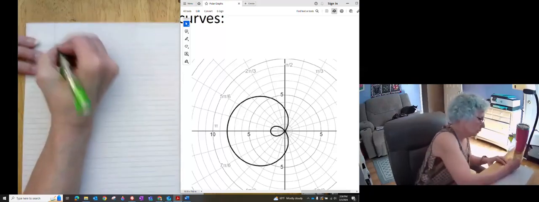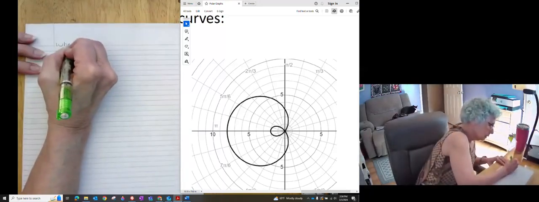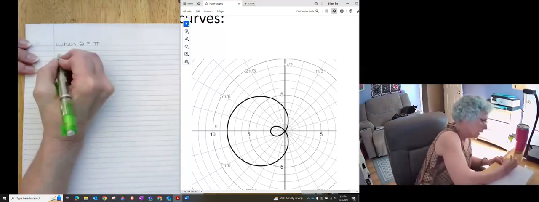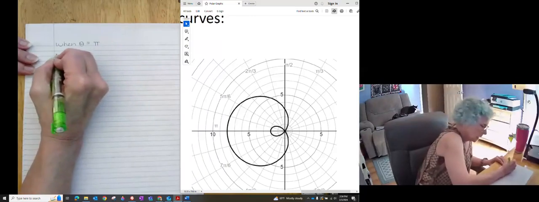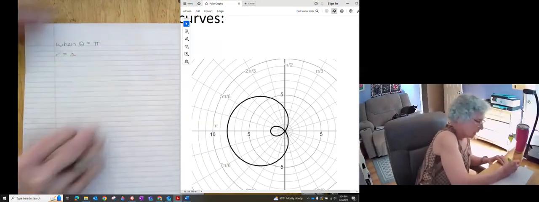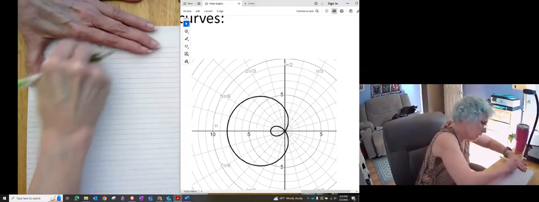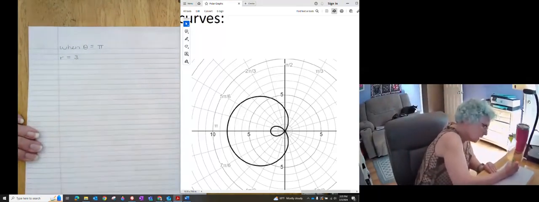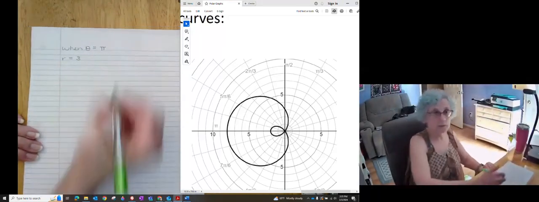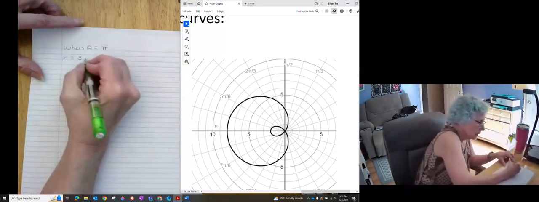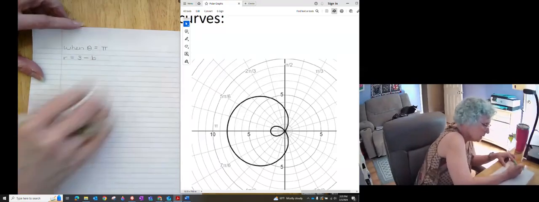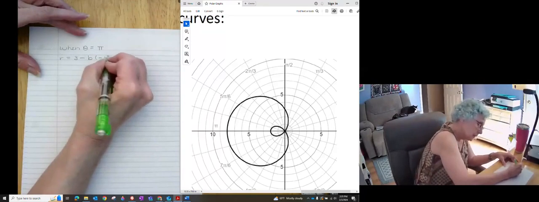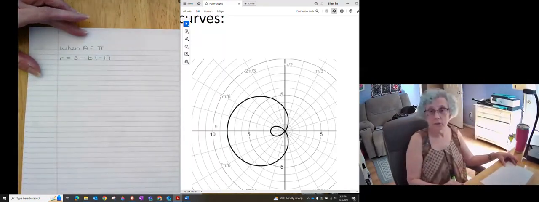So I know when theta is equal to pi, I have r equals a, which I already figured out was 3, because we crossed the y-axis at plus or minus 3, minus b times cosine of theta, which is negative 1.